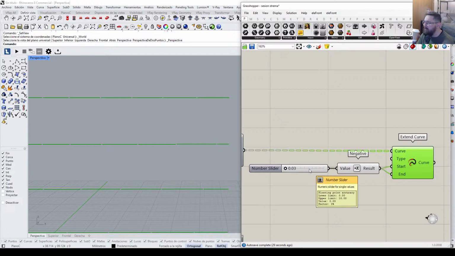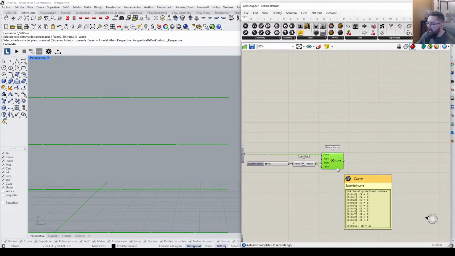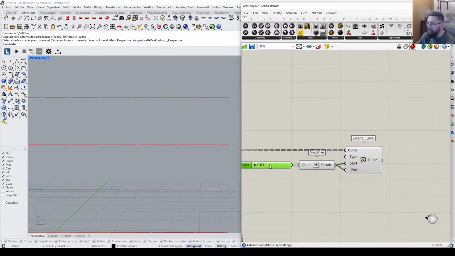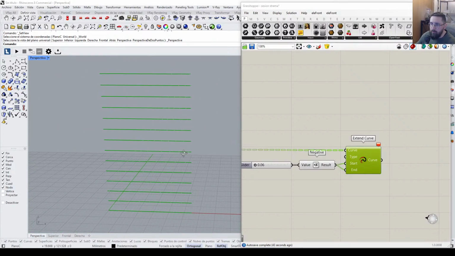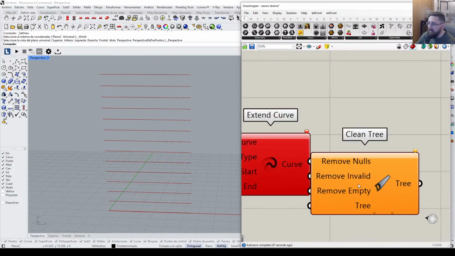Maybe we should scale. Well, it's still going to work, right? Because it's just going to cull them out. So I'm not bothered about that. I could just clean the list. Clean tree.